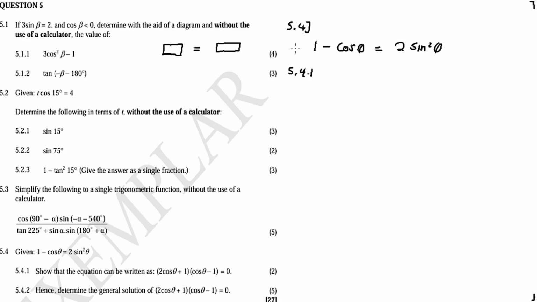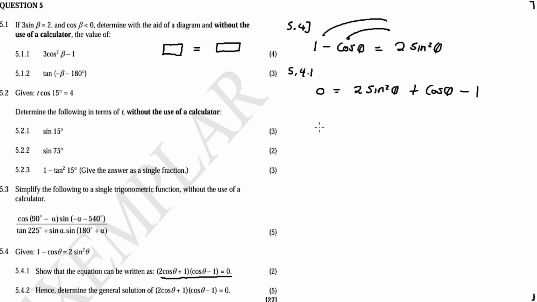So now we have to simplify and show that the simplification can bring us to this point, 5.4.1. So I'm going to transpose to the right. I want my sine squared to stay positive, so that leaves 0 equal to 2 sine squared theta plus cos theta minus 1.